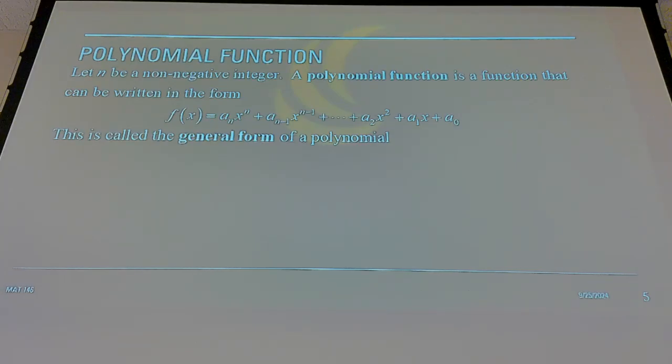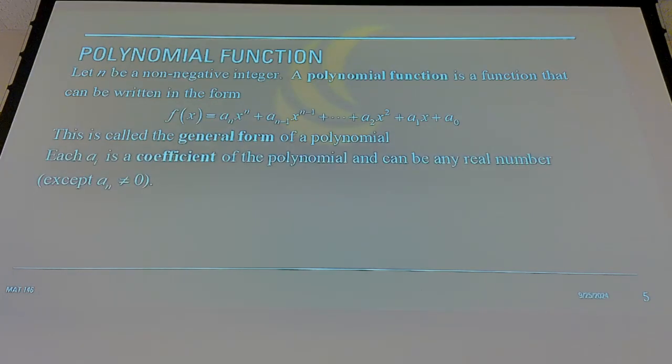Notice that the general form has the powers in descending order. Each of the a sub i is called a coefficient, and they can be any real number, with one exception: a sub n cannot be 0.